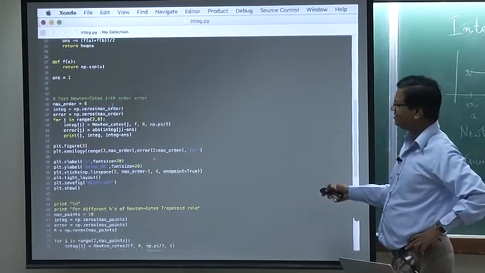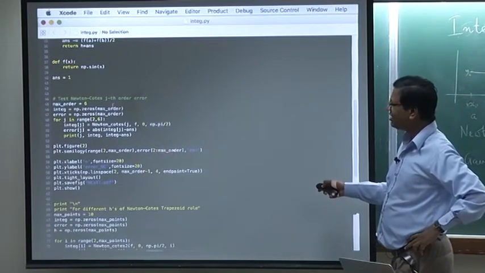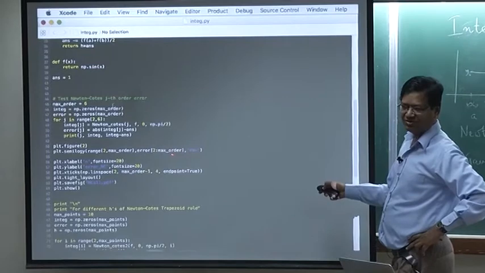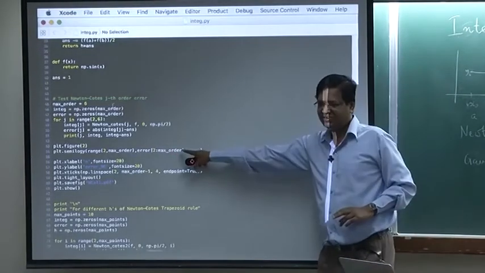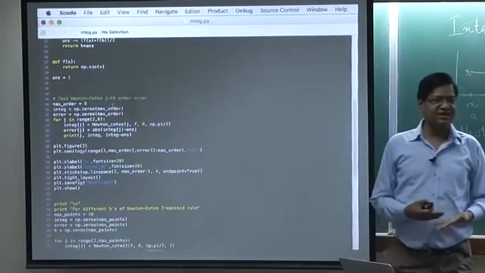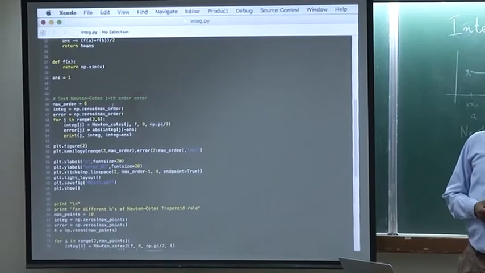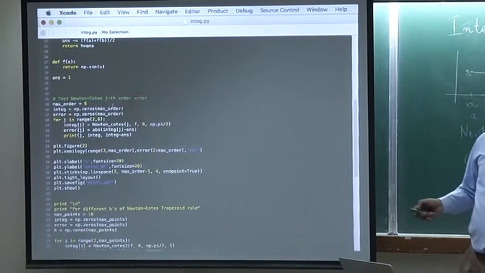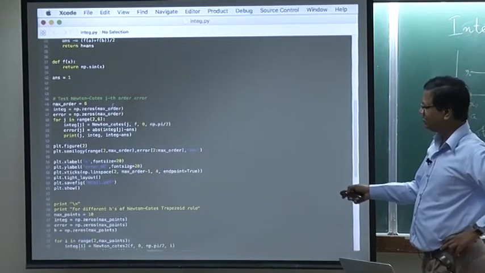I am using range, and the last point is max order minus 1. These are standard. You understand where the max order minus 1 comes from, right? If I say an array of size 5, then the last one has index 4. So that's the last index. Okay, so I put the label.